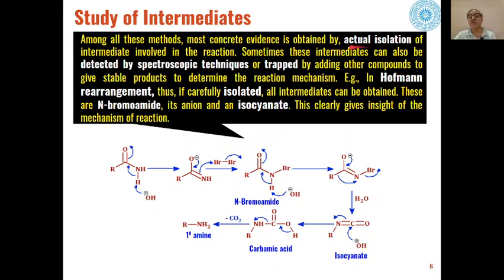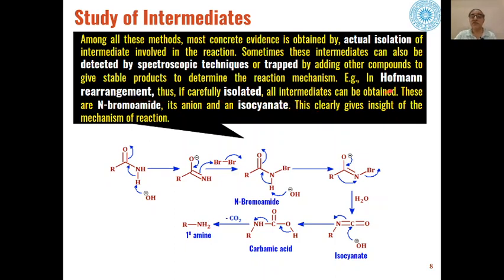So some examples of actual isolation of intermediates involved in some reactions can be done. Then these can be detected by spectroscopic techniques, or they can be trapped by adding other types of compounds to give us stable products, which will give us useful information about the reaction mechanism.